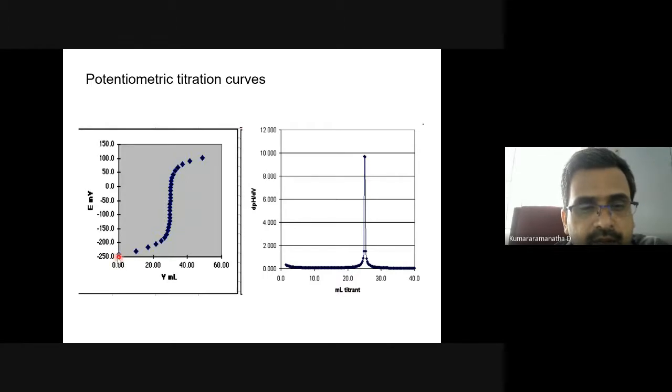At one point you suddenly see an increase and then it saturates. But here you're adding in large amounts, 1 ml, 2 ml like that. In order to get the accurate endpoint, from this region to this region, you add slowly; you can even do it from point 0 also.